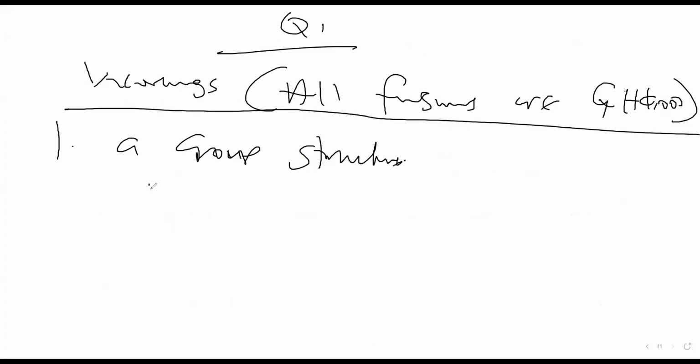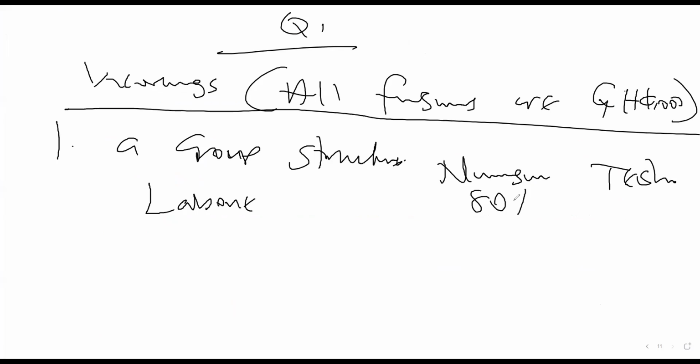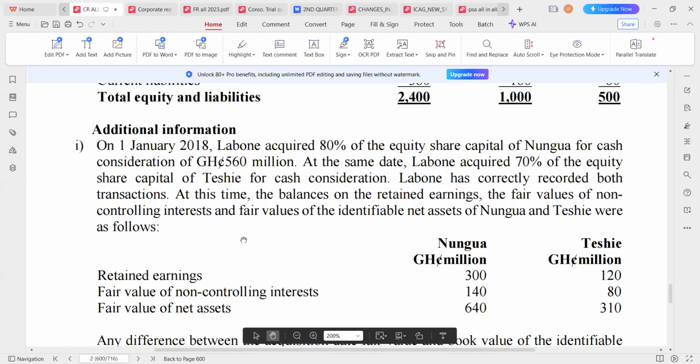So right here, Laboni. Right here, Nungwa. Teshi. 80% here, 70% here. That's all, on the same acquisition date, which is 1st January 2018.